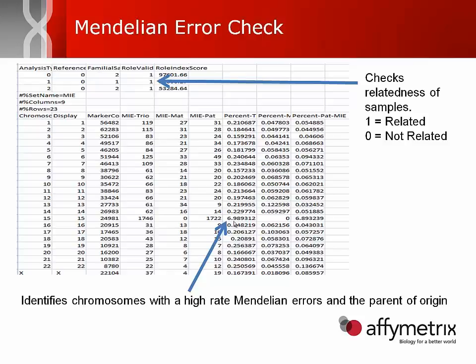So for instance, 15, we jump to 7%. And in this case, this is telling us that on chromosome 15, there's a region, or perhaps the whole chromosome, that has a high rate of Mendelian inheritance errors. And so in this case, we see that mom has a 0% error rate, and dad also has this high 7% error rate.